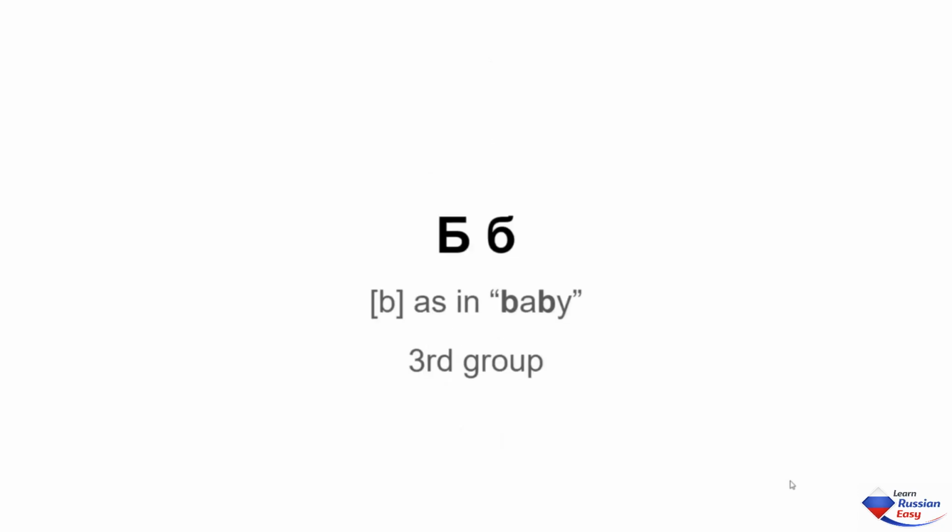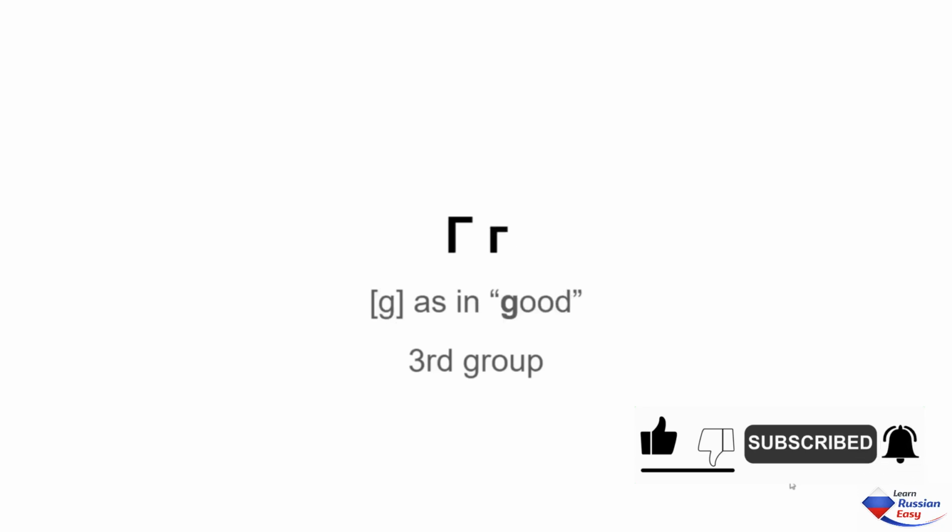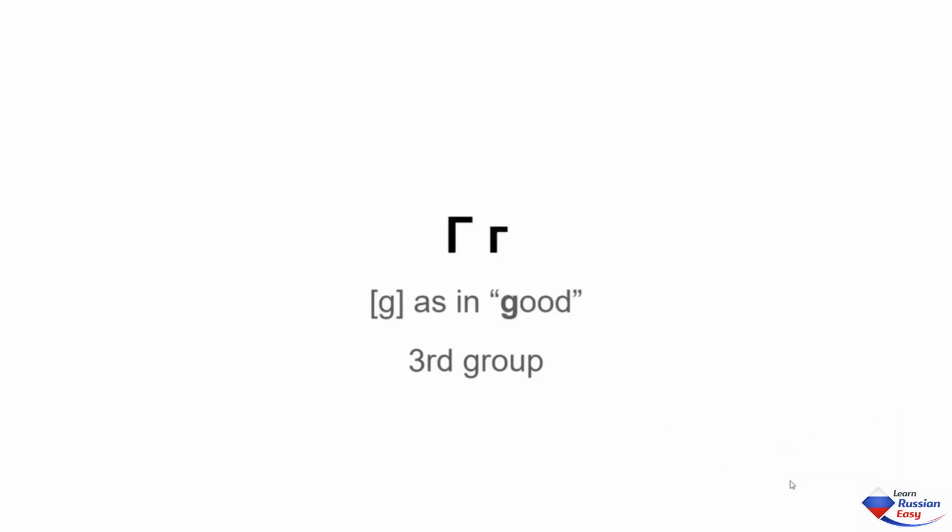The third group contains 13 letters which look unfamiliar but have familiar sounds in English. Let's take a look. B, as in baby. G, as in good.